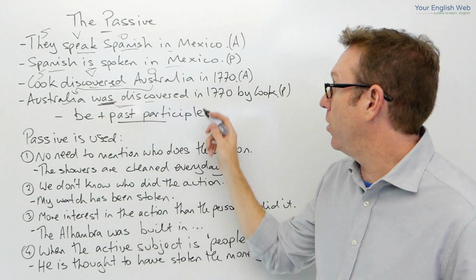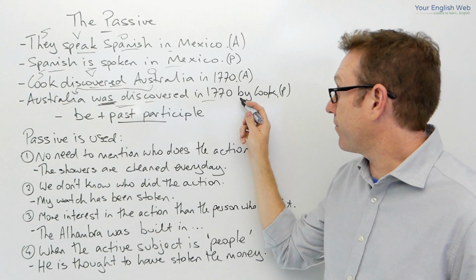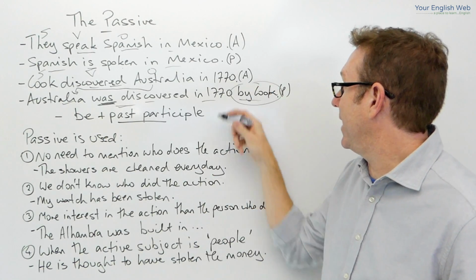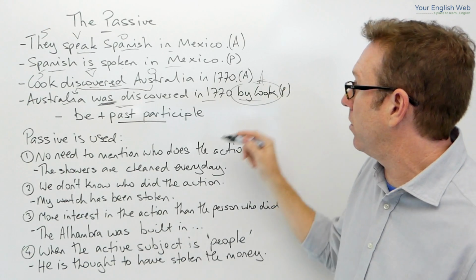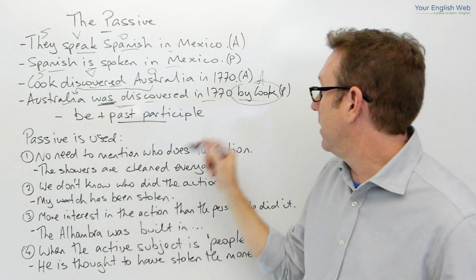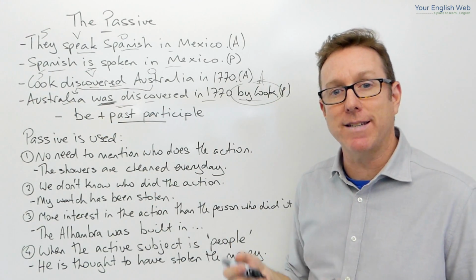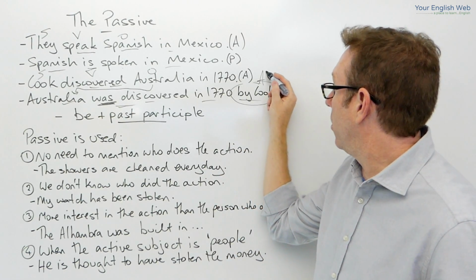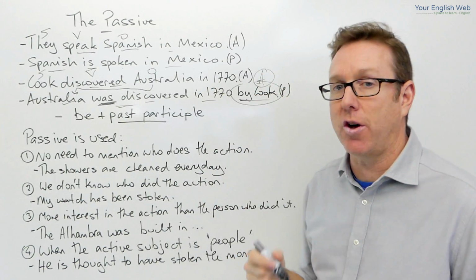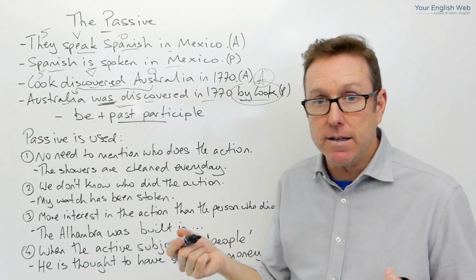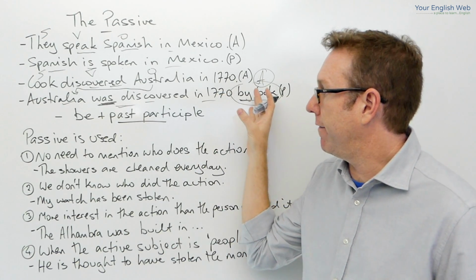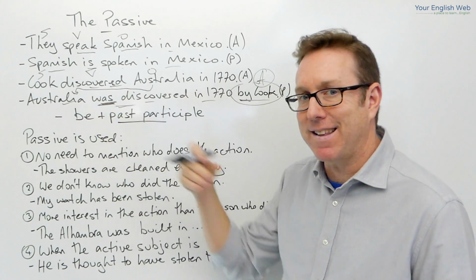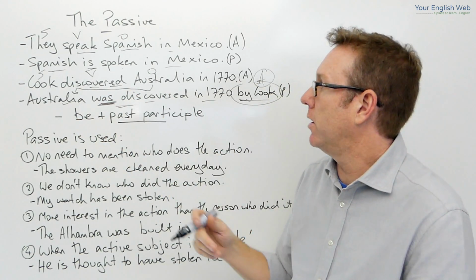Past participle, 1770, by Cook. Now, we don't necessarily need to put this. The subject here is now what's known as an agent, okay? The agent here, Cook, is not necessarily needed, but we can put it there for the time being. But the most important thing is that is how we change the structure, okay?